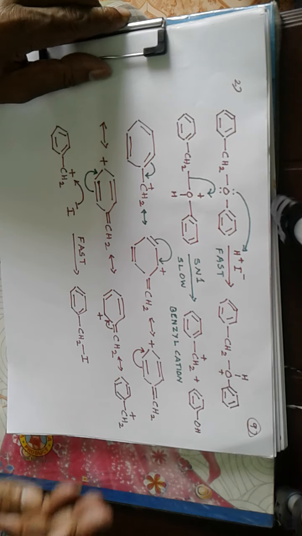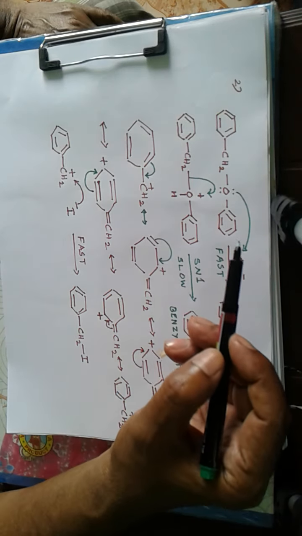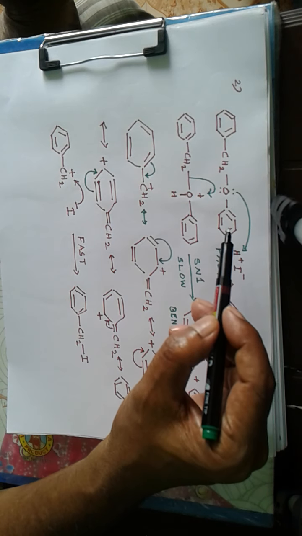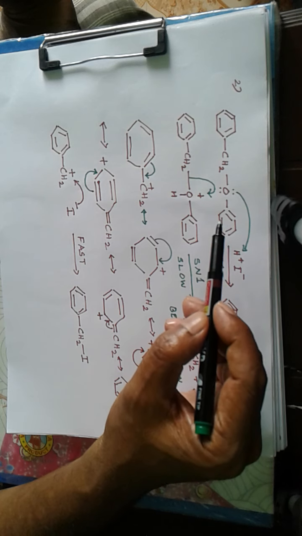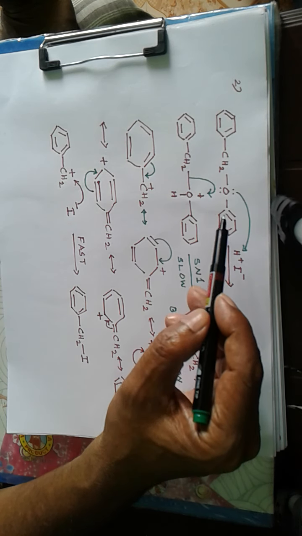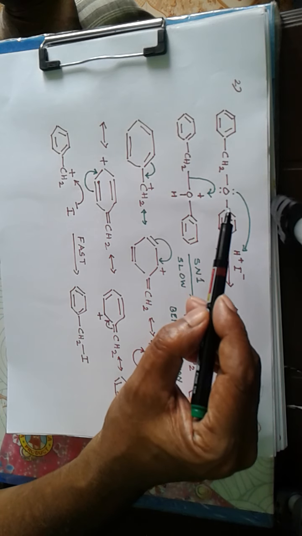Now another example, for the SN1 mechanism. Previously we have discussed the SN2 mechanism. So one example for the SN1 mechanism is benzyl phenyl ether, we can call it.